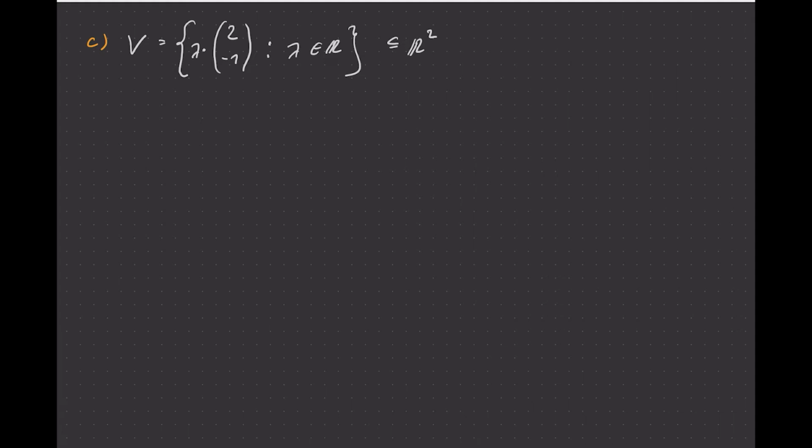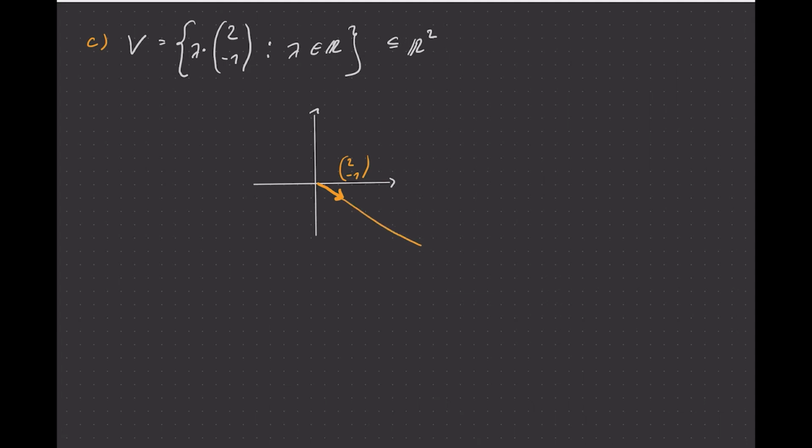Geometrically, what this looks like is something like this here. So you have that vector (2, -1). It's this vector here. And then we just scale that. So we multiply that by some scalar lambda, and that means the vector becomes longer or shorter. Longer if we have lambda greater than 1, we'll do something like this.